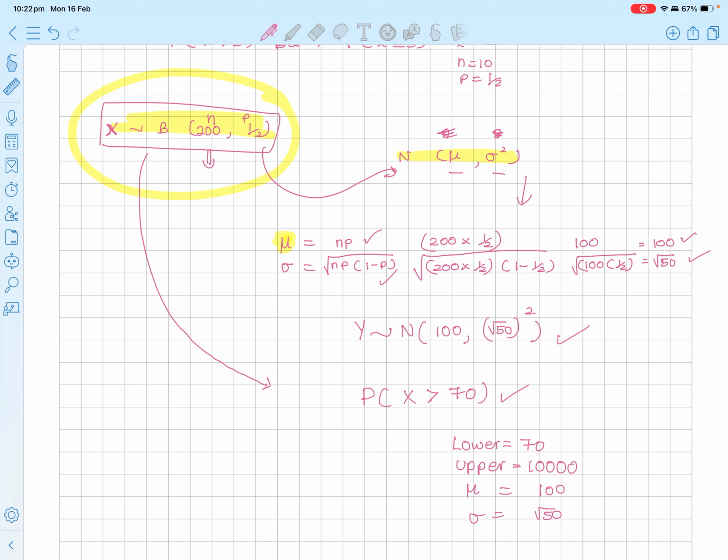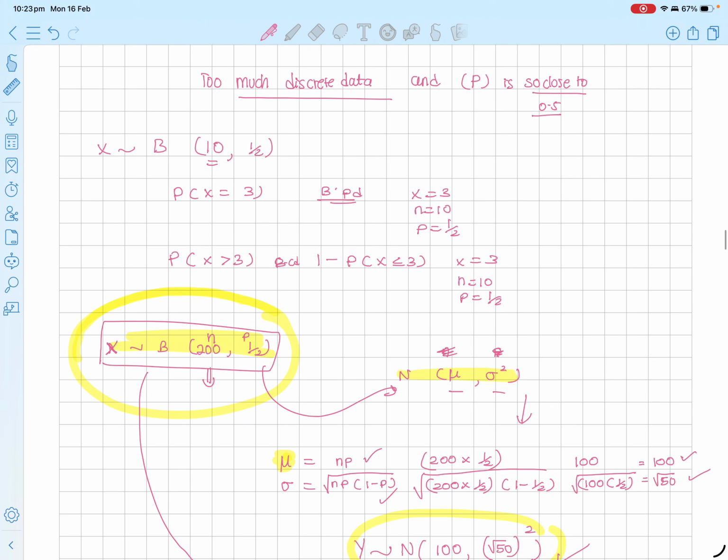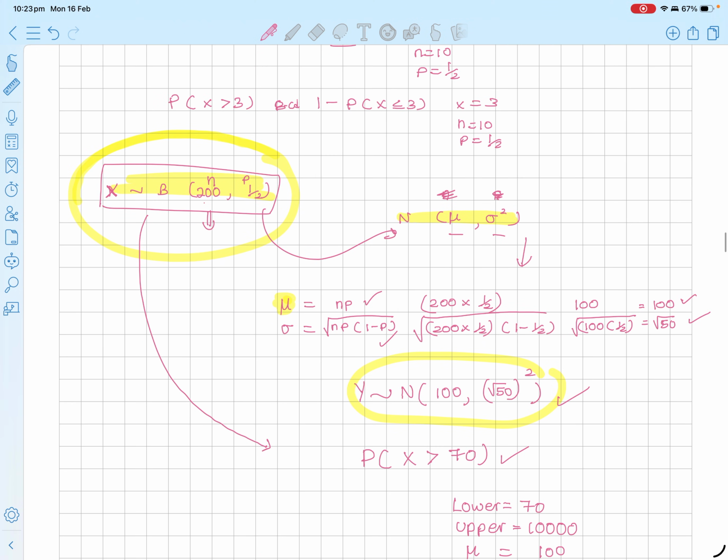Now, because we converted from a binomial distribution to a normal distribution, there's this disalignment between the data set. Because this was discrete data, this was continuous data. We defined it at the beginning: normal means continuous, binomial means discrete. This was a specific 200 times that I'm tossing the coin.